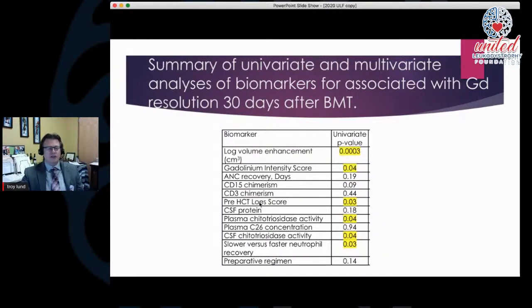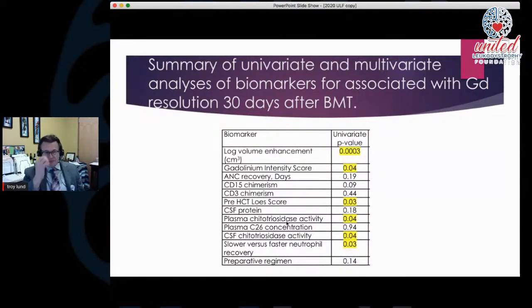I looked at the pre-transplant MRI score, CSF protein, plasma chito, C26 level, CSF chito, the slower versus faster immune system or neutrophil recovery is what I'm referring to. I looked at the preparative regimen. And when I do statistics for all these different things, the ones in the yellow are the important ones that stand out and are statistically significant.